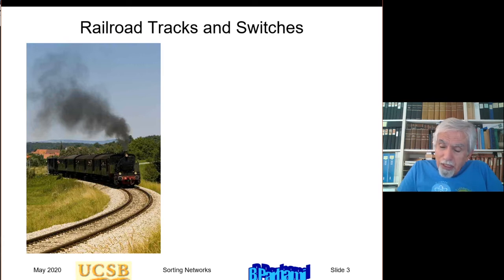So an engine can pull the cars or push the cars. Although we prefer that the engine pull the cars, because then the operator sitting in the engine can see the front of the train and basically recognize any possible obstacles or hazards on the way. But if needed, the engine can push the cars.